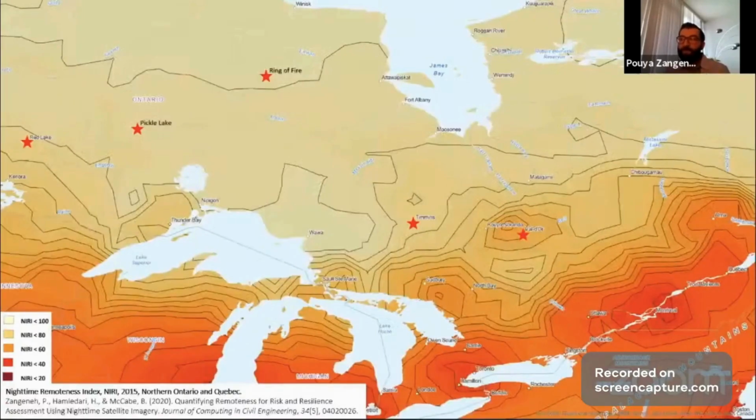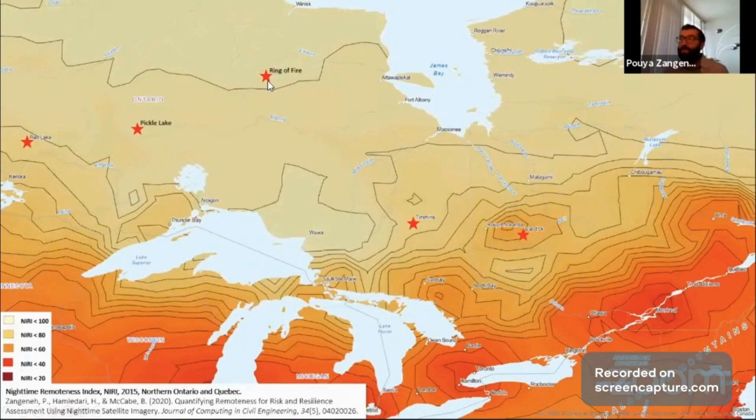Now, in terms of how we use it right now, this is a NIRI map of Northern Ontario and Quebec. The star points are the mining areas, the main mining camps within Northern Ontario, which help us define an overall risk factor of remoteness on any projects in our portfolio around any of these camps, as they call them, mining camps.